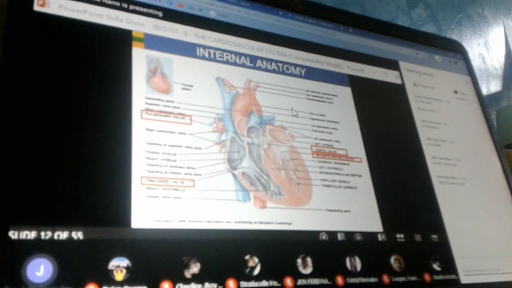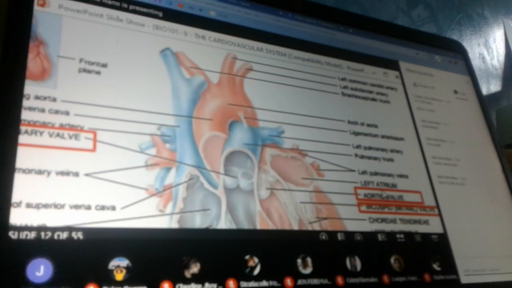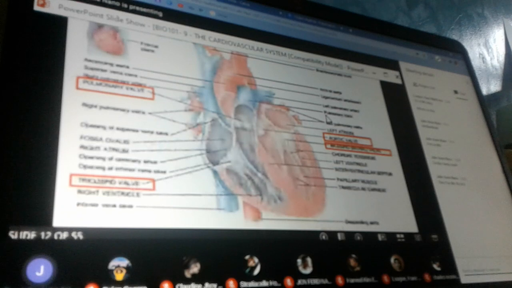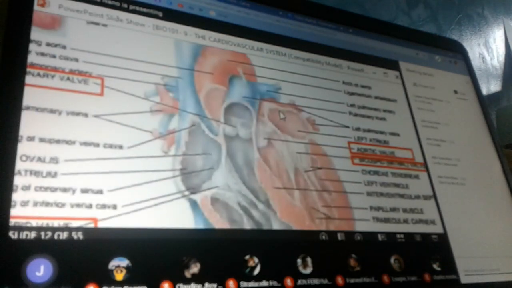Babalik siya sa ating heart through our pulmonary vein, and then papasok ulit si blood sa ating bicuspid na valve class. Bicuspid na valve. Okay, papasok siya sa ating bicuspid na valve.